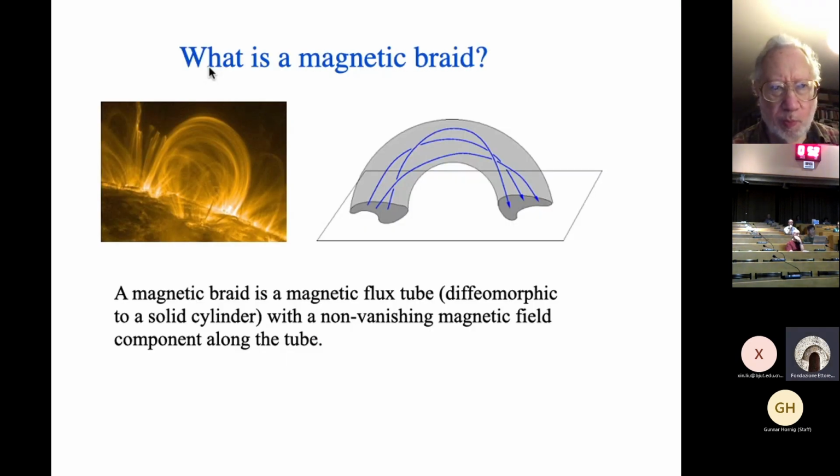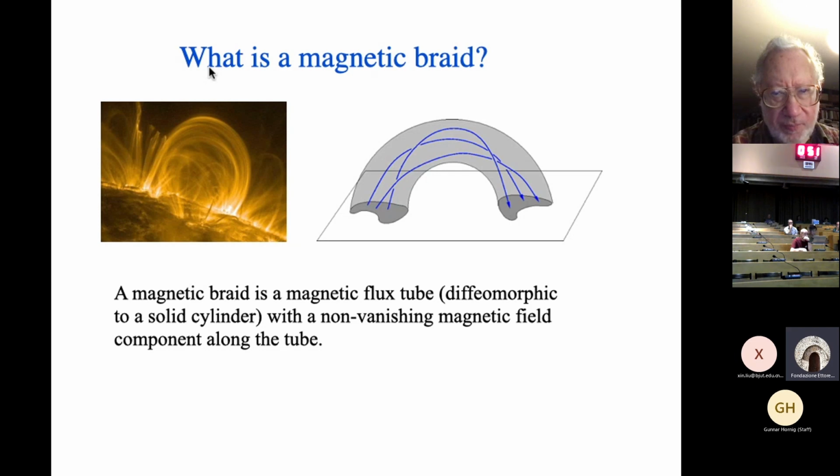So just the setting, how do we describe this? What I will use here is the idea of a magnetic flux tube, and I call a braided magnetic field in a magnetic flux tube a magnetic braid. So a magnetic braid is a magnetic flux tube, so something diffeomorphic to a solid cylinder.